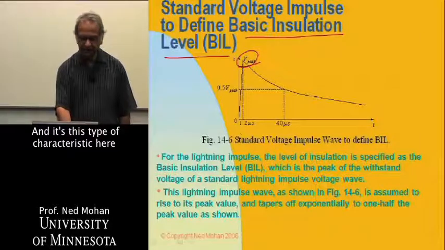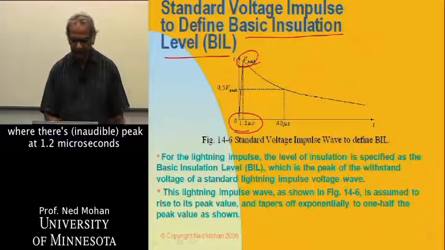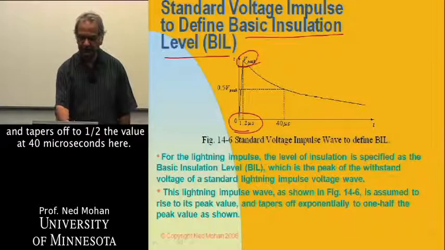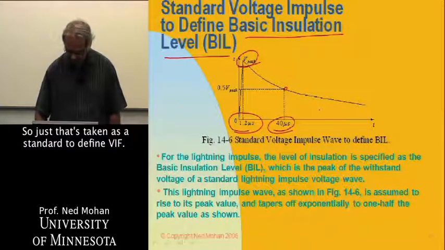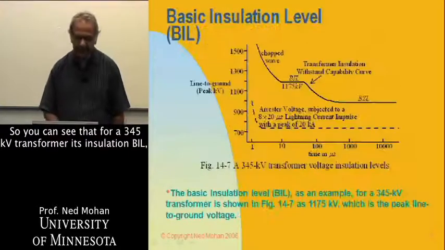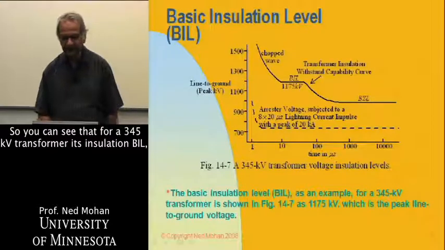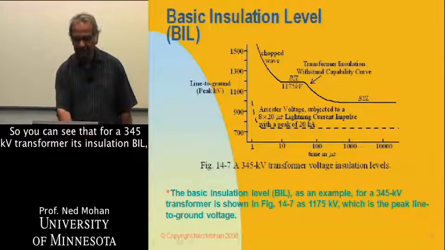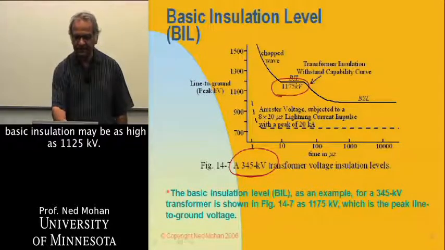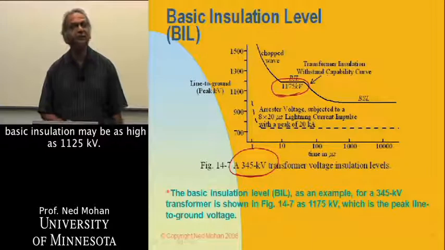It's this type of characteristic, where the wave reaches its peak at 1.2 microseconds and tapers off to half the value in 40 microseconds. That is taken as a standard to define BIL. So you can see that for a 345 kV transformer, its basic insulation level BIL may be as high as 1175 kV.